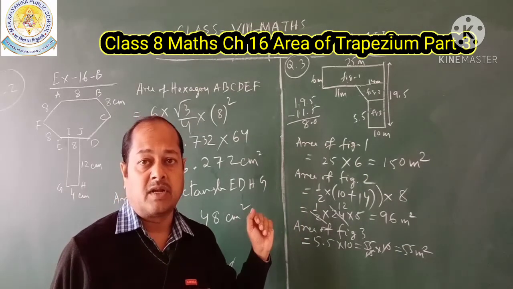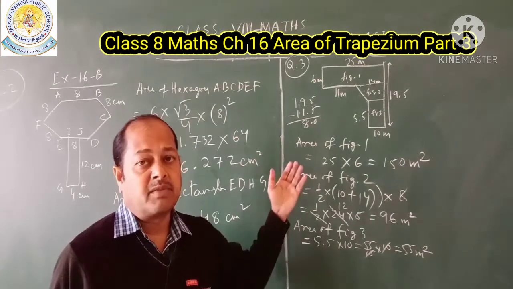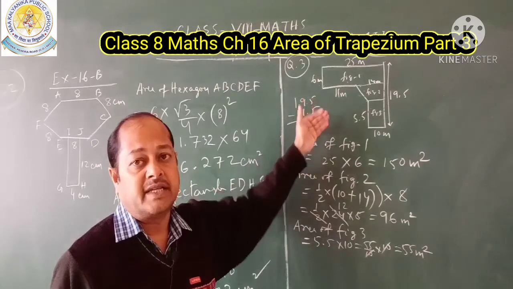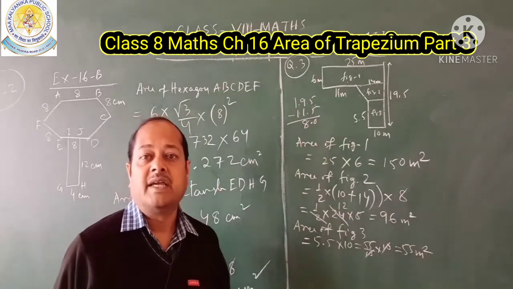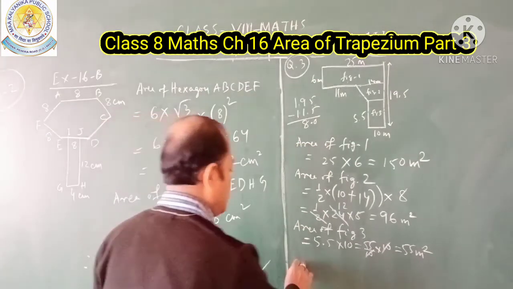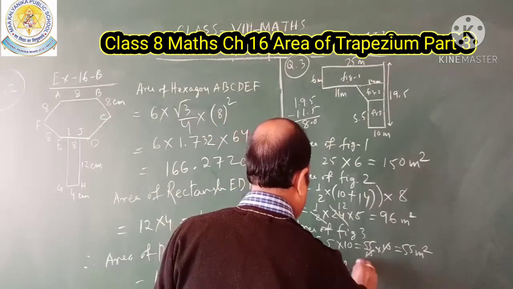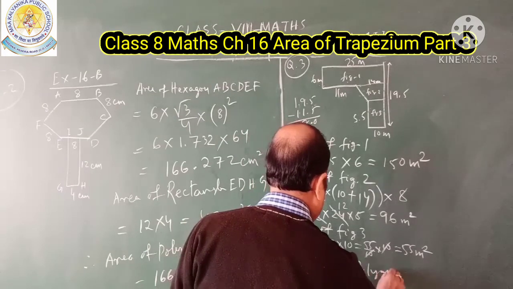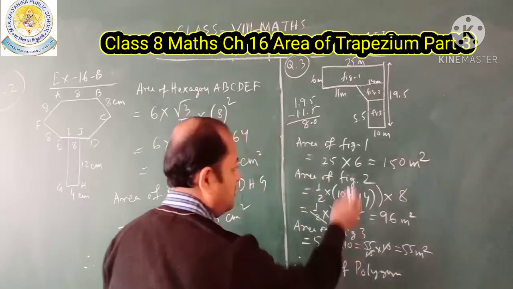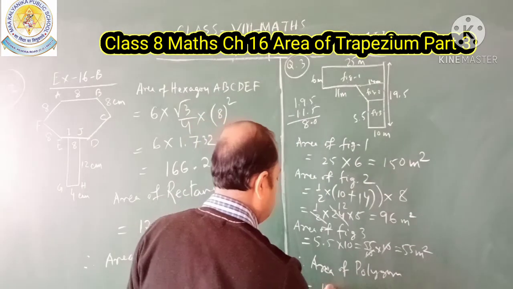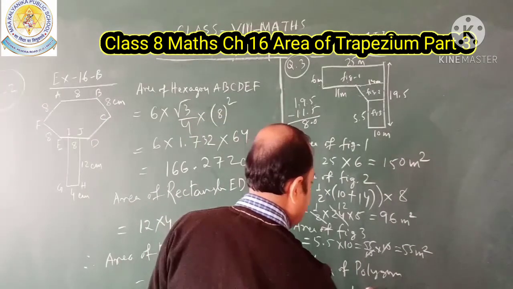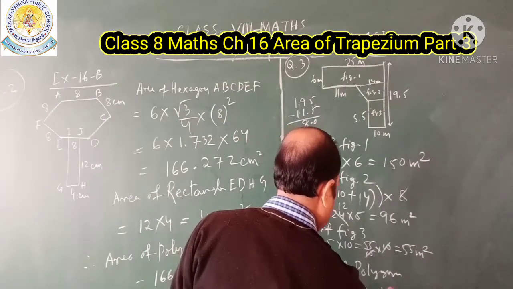So what is the formula? There is no formula, but the sum of all three areas equals the area of the polygon. Okay, therefore area of polygon equals the sum of all three areas, that is 150 plus 96 plus 55.